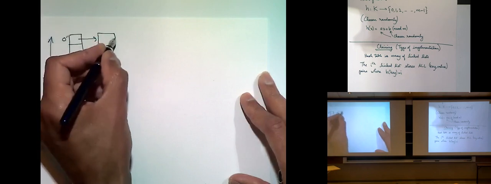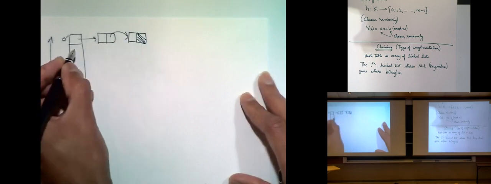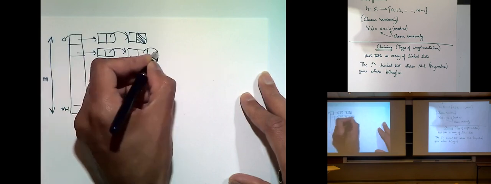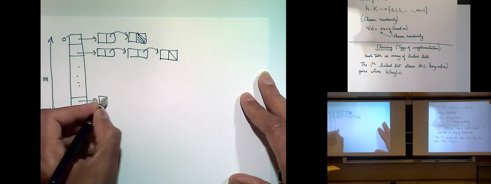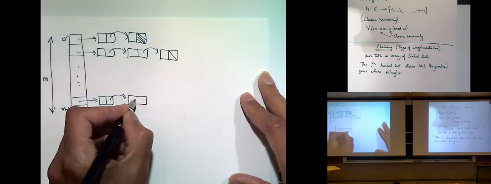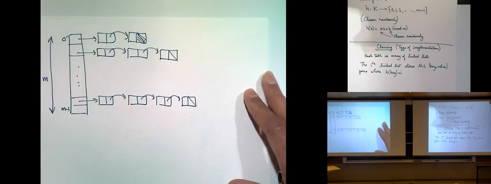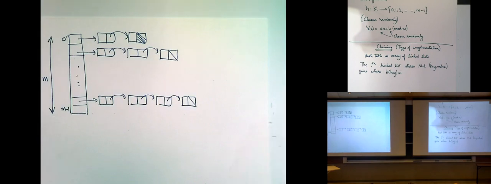And this is like an array of head pointers to a linked list, and so on and so forth. So it's just a collection of arrays of linked lists, which is exactly the data structure that you did in homework 1.